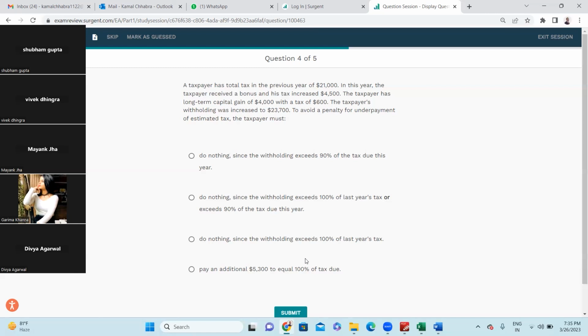How much is it? 25,500. So the taxpayer has a long-term capital gain of 4,000 with the tax of 600. That is irrelevant information. The taxpayer's withholding increased to 23,700. 23,700 is how much percentage of 25,500?